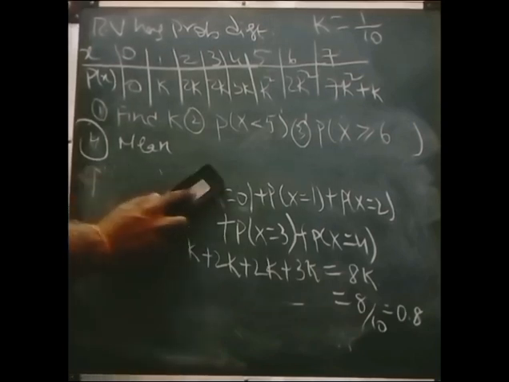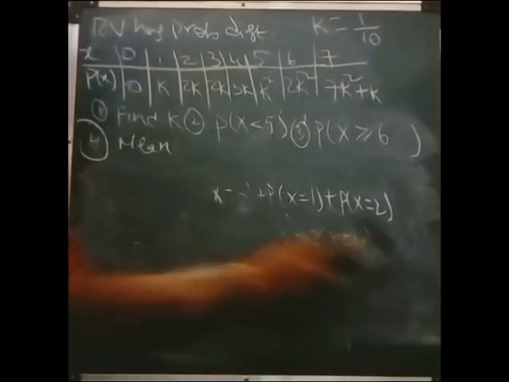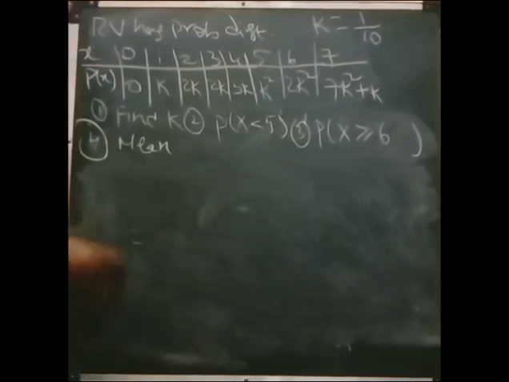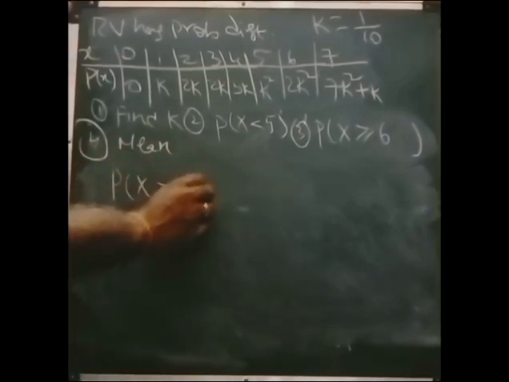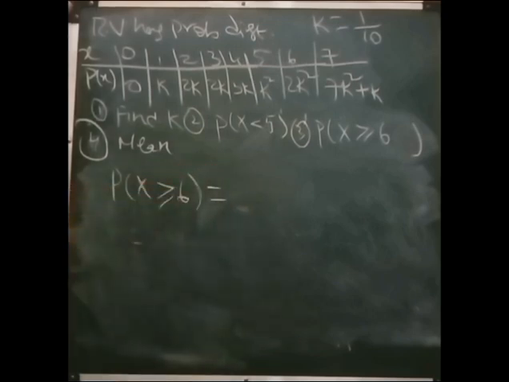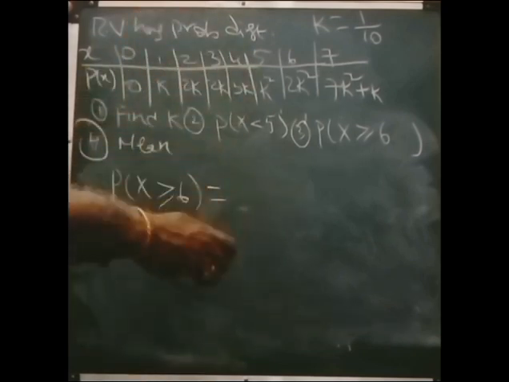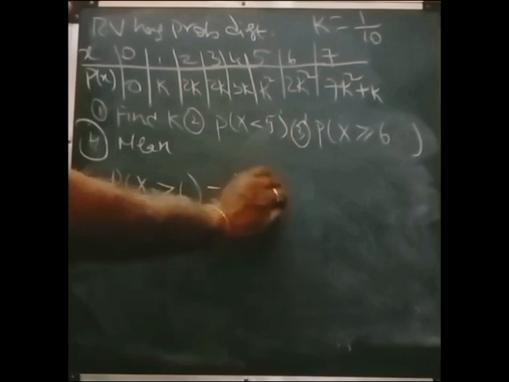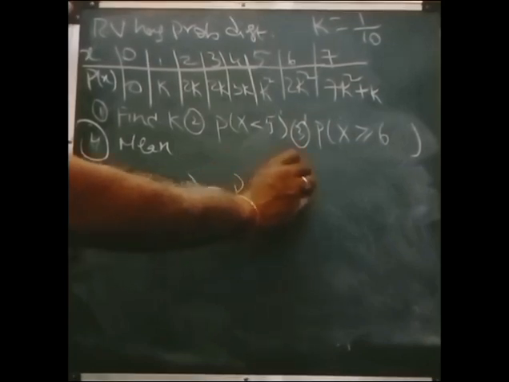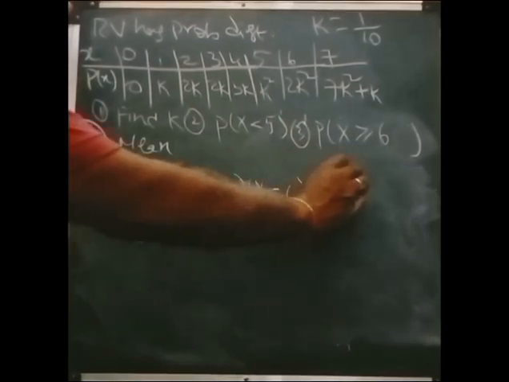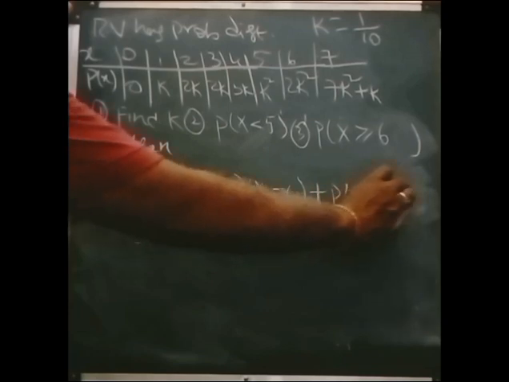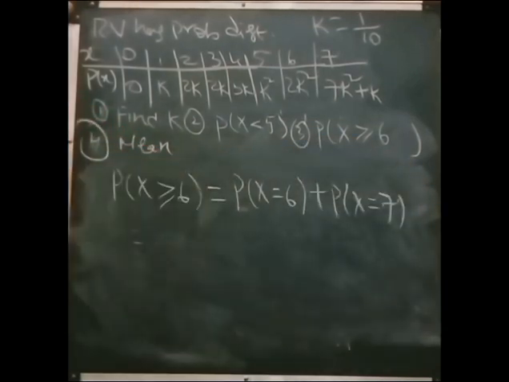So the probability of x greater than or equal to 6 can be determined by taking two different modes. One is x takes the values from 6 up to the last value, that is, probability of x equal to 6 plus probability of x equal to 7, because x is taking values only up to 7.